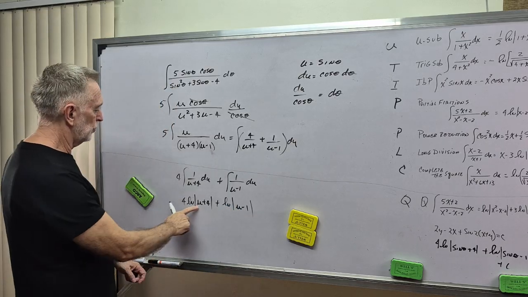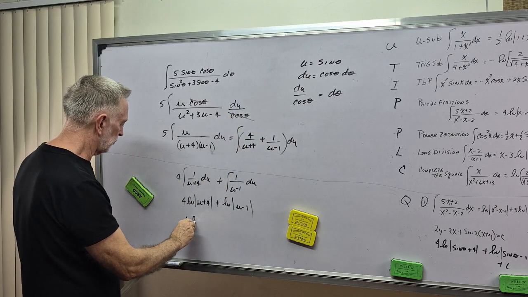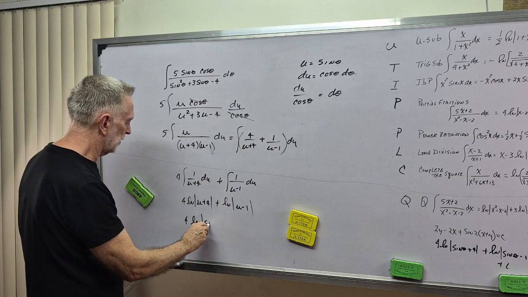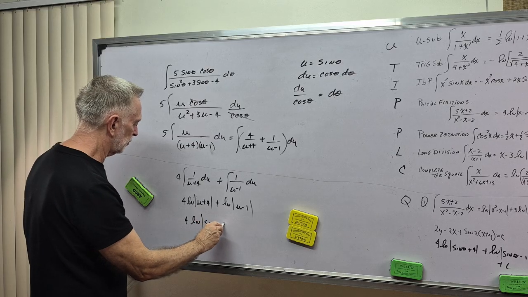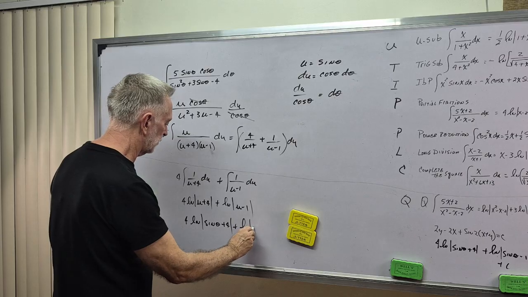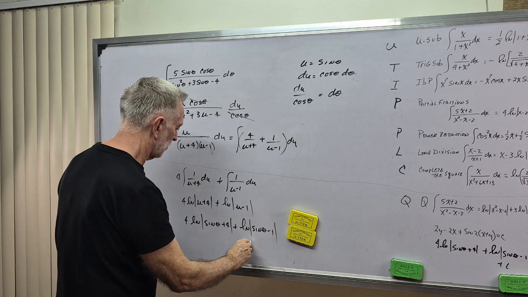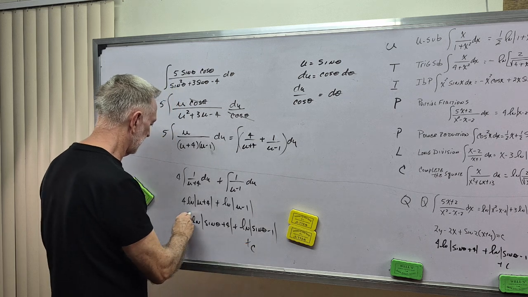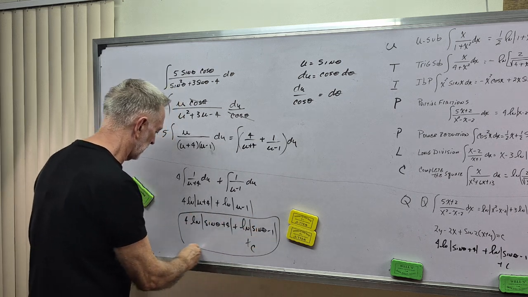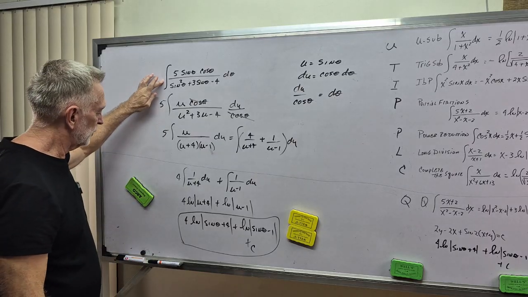Well, what is u? u is sine theta. So 4 natural log of sine theta plus 4, plus the natural log of sine theta minus 1, plus c. And that, my friend, is the result of this integral.